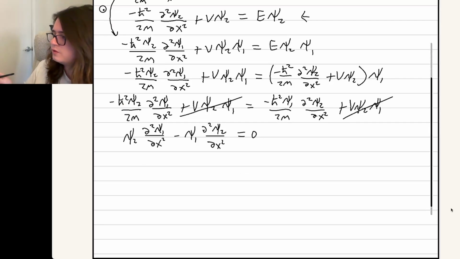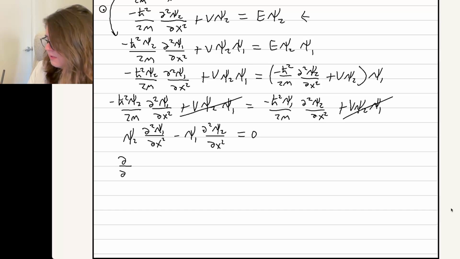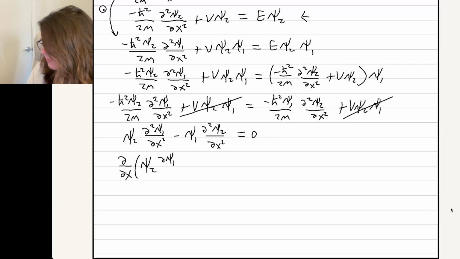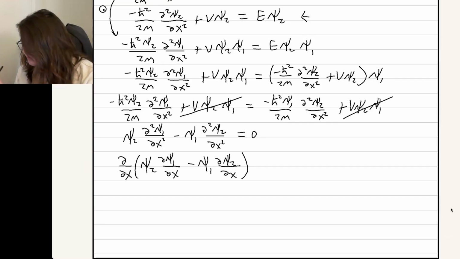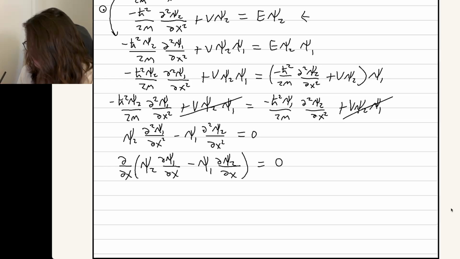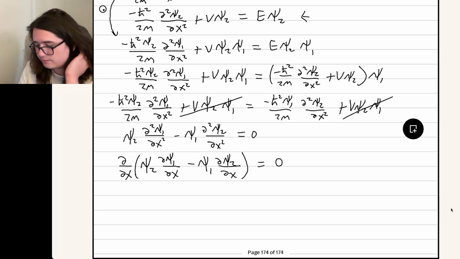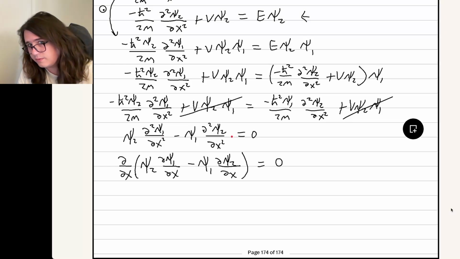And then we recognize the fact that this is just the result of a product rule derivative of a certain combination of wave functions. So this is d/dx of psi2 dpsi1/dx minus psi1 dpsi2/dx, and that is just saying that if you do the product rule on this thing, you're going to end up with a couple of terms that cancel out, and then these things are left over.